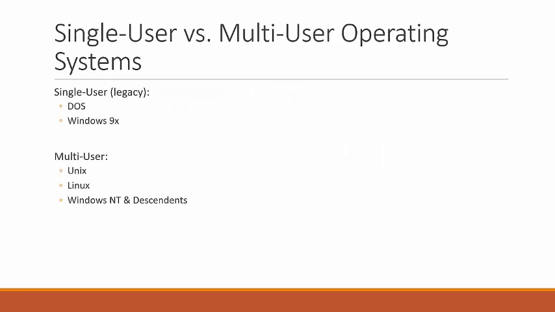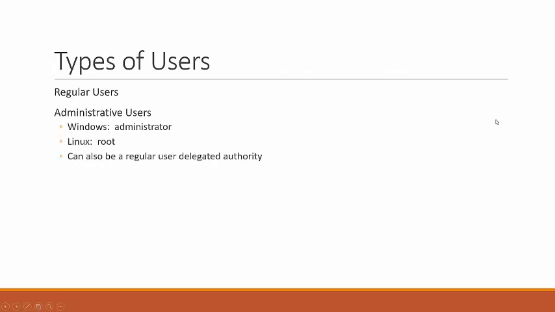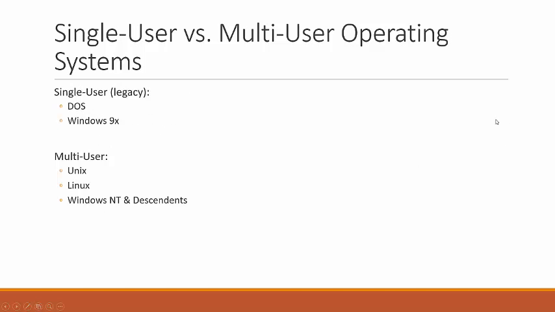Now, not all operating systems are multi-user OSs. Most are nowadays, but that wasn't true going back in the past. Looking at our chapter from last week, we were at the history of operating systems. Let's go back to 1981 to DOS, and even into the 90s, with the DOS-based OSs like Windows 9X.